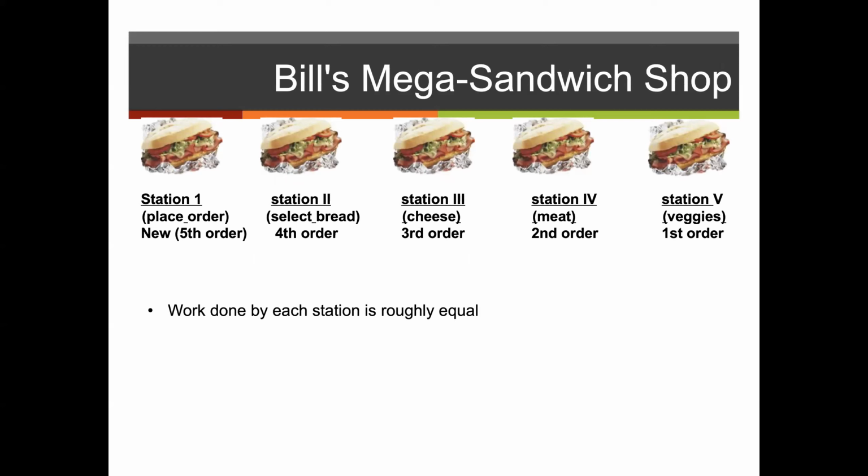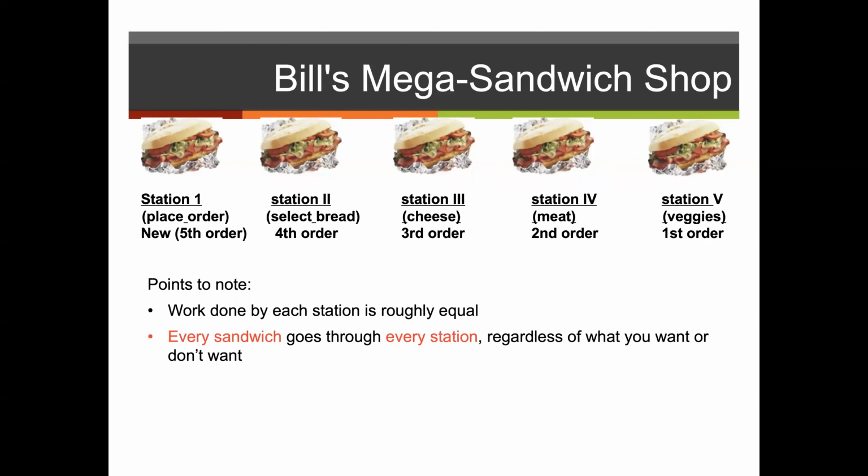So what are some points that we want to consider when we go back to our comparison with Bill's Sandwich Shop? We know that the work done by each station is roughly equal. So every sandwich goes through every station, regardless of what you want or you don't want. This is a point to note because not everyone will want cheese or meat or veggies.